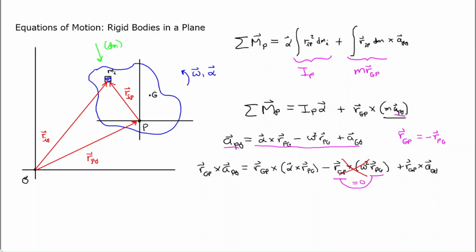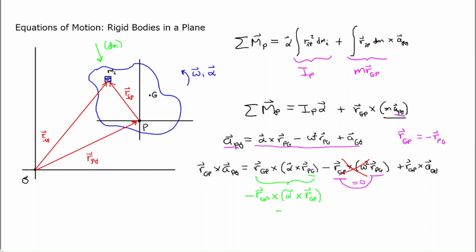So I'm going to get that combination equaling 0. That's just going to go away. Now, this first grouping here, let me rewrite it as R sub GP cross alpha cross, and then instead of PG, I'm going to write R sub GP. Now, I'll need a negative on that because I've reversed the ordering of those subscripts.